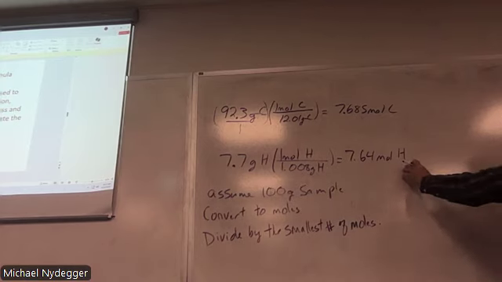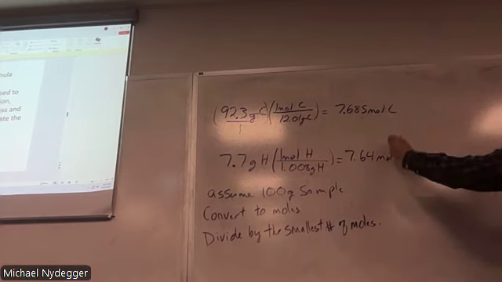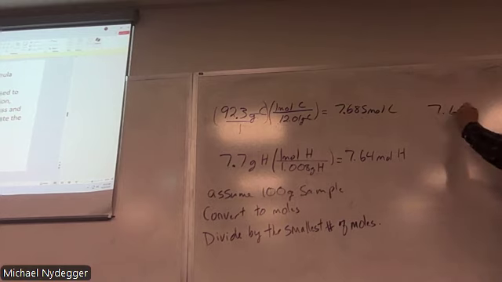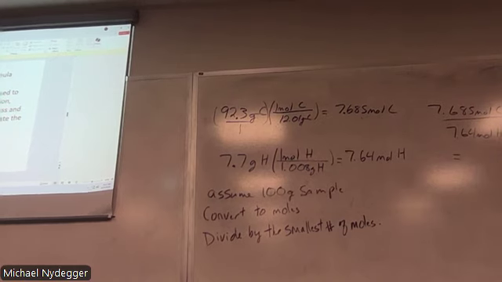I'm going to divide by my hydrogen because that's the smallest. We have 7.685 moles of carbon. I divide that by 7.64 moles of hydrogen, and I'm essentially going to get one. In this case, we get 1.0006. We can say that that's close enough to being just one.